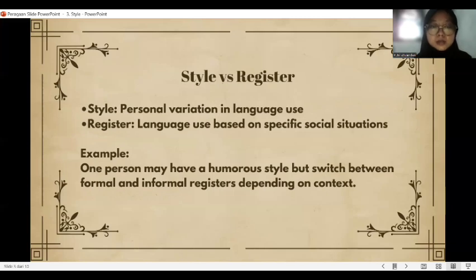For example, one person may have a humorous style but switch between formal and informal registers depending on context. A person with a humorous style may still use a formal register when giving a speech, or a casual register when chatting with friends.